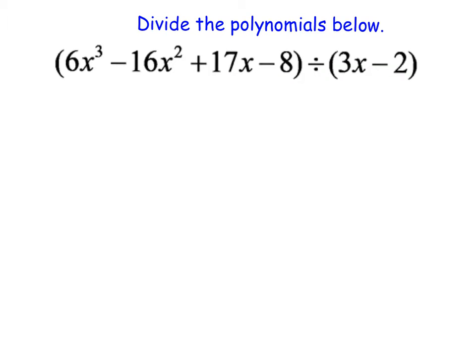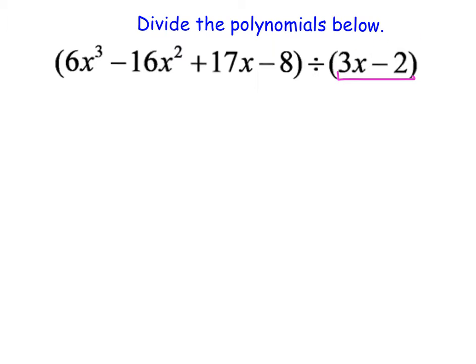So if you look closely here, you'll notice that this particular divisor has a coefficient of 3 in front of that x. And truly, what's difficult about synthetic division is that while it's really convenient and is a nice little pattern to quickly divide polynomials, it only works if your coefficient of x in your divisor is 1.